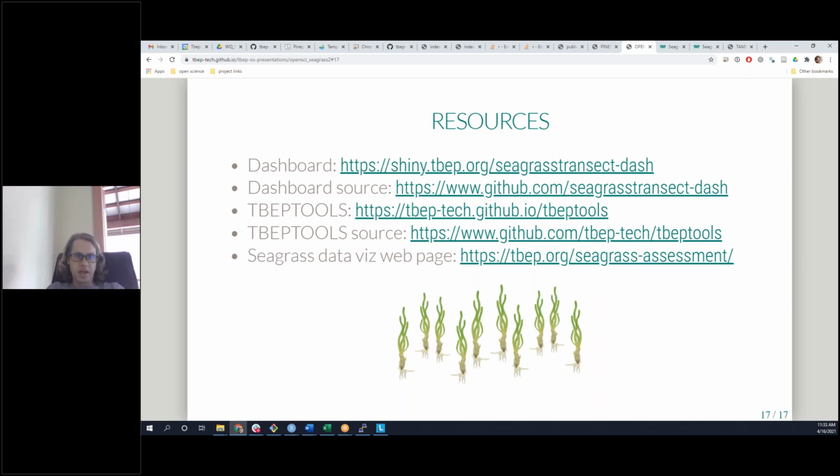They're designed for anybody to not just download and use the software, but the source code is all openly available. And if you have the bandwidth or skill set to apply that to alternative data sets, it's possible. I know that we do have similar Transect data sets available outside of Tampa Bay, and I'm open to exploring how we can integrate those alternative data sets within the existing tools.